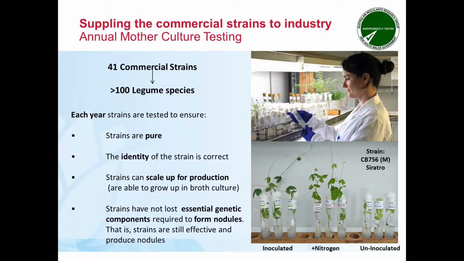An example on the photo here on the screen is of effectiveness testing. It's a subsample of an experiment where you can see plants that are inoculated are much larger and healthier and producing nodules than plants that weren't inoculated.